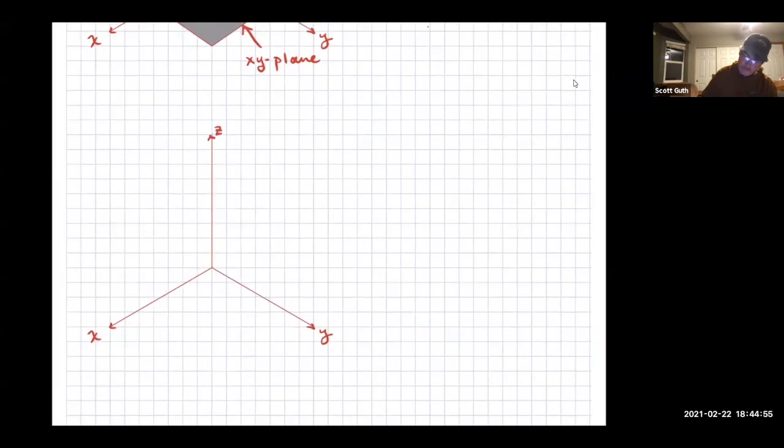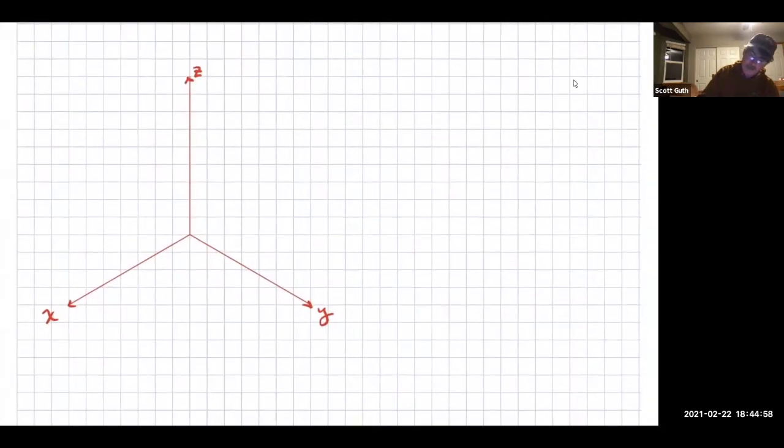And what I want to do on this graph is draw a point in space.